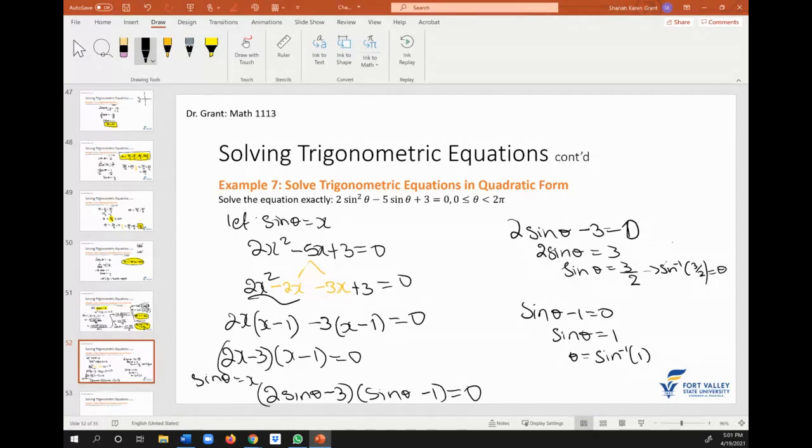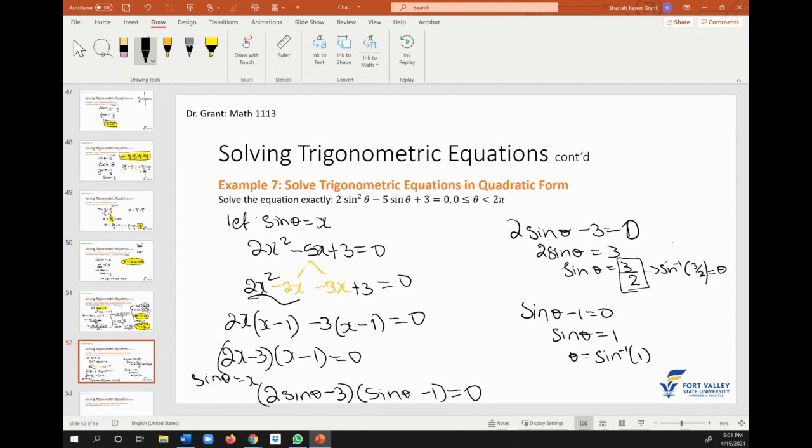So actually, if we come back here, 3/2 is out of our range. Because recall that the range of sine is -1 to 1. And if sine theta equals 3/2, then that means we're above 1.